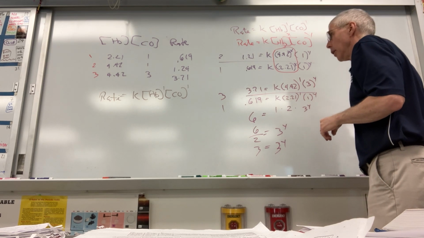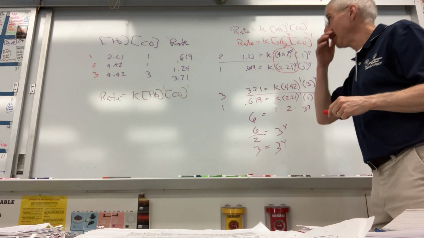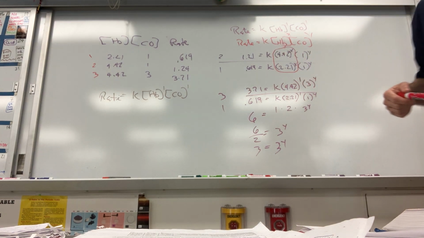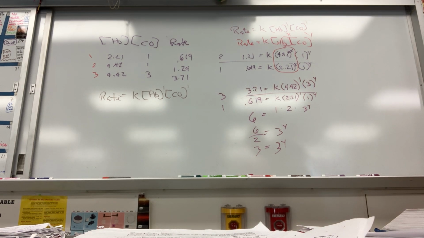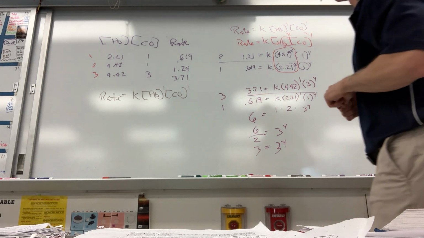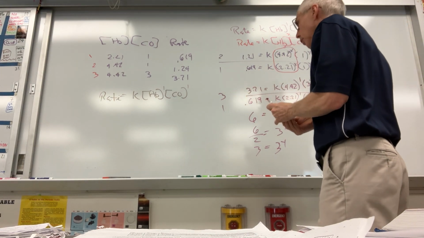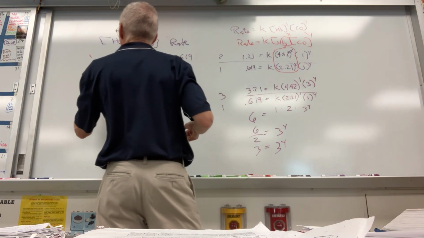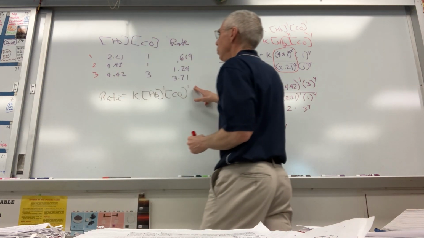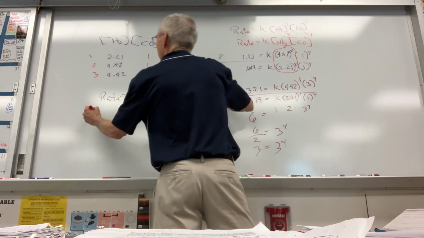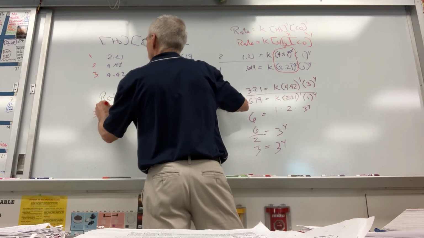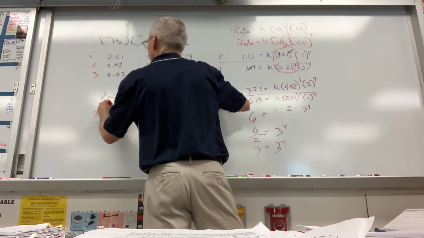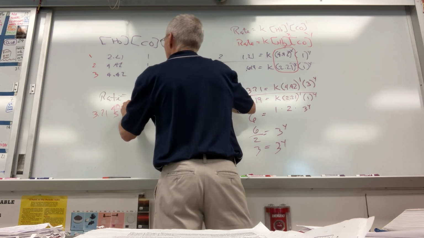Now, I've neglected the units, but the rate is in millimolarity per second, and the concentrations are in millimolar. So pick one. Let's say we'll do number 3. 3.71 millimolar per second equals K, we don't know.